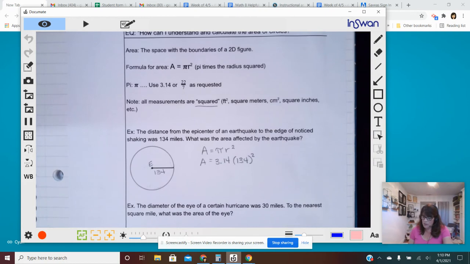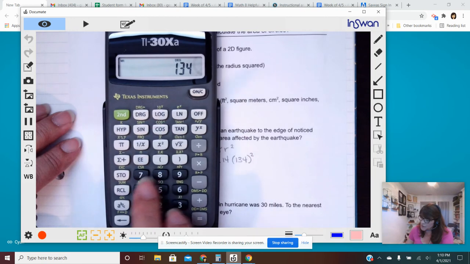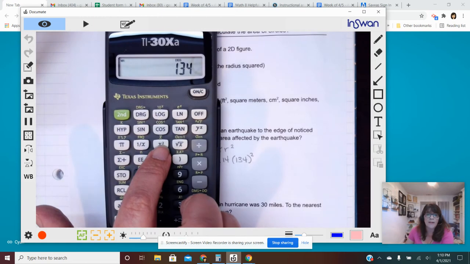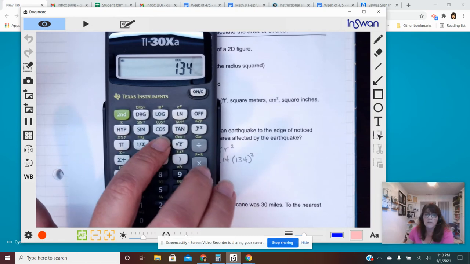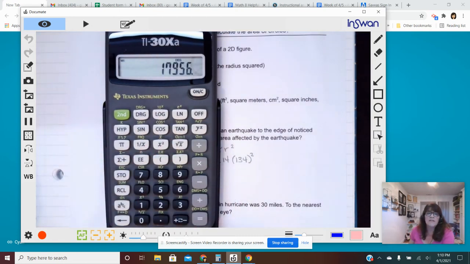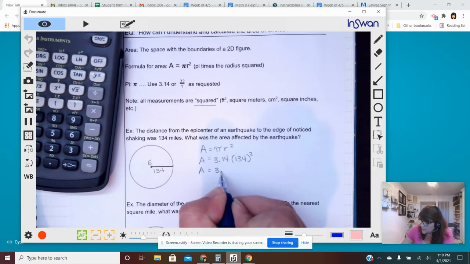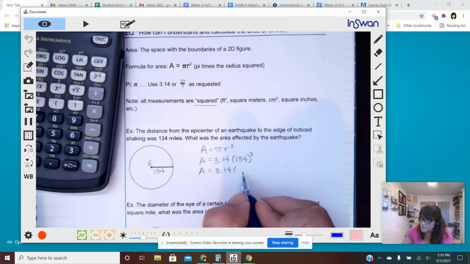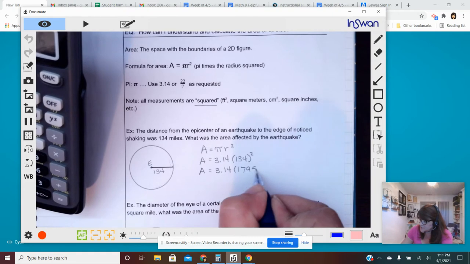I'm going to actually show you some calculator tools while we're at it. I typed in 134, and on my calculator, it's the x squared button right here. This is probably my favorite kind of calculator for the price. 17,956. So area is 3.14 times 17,956.